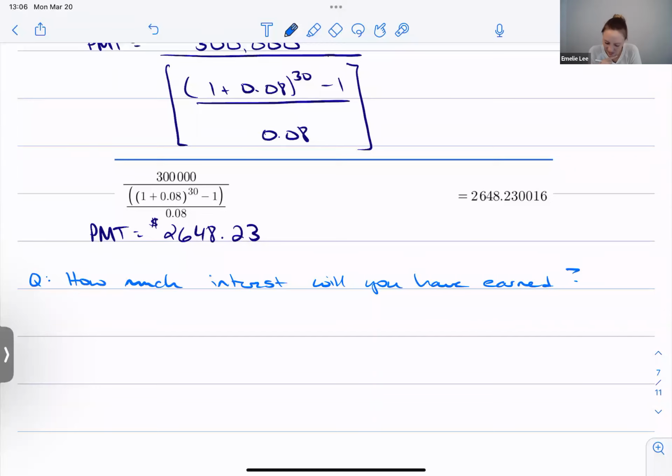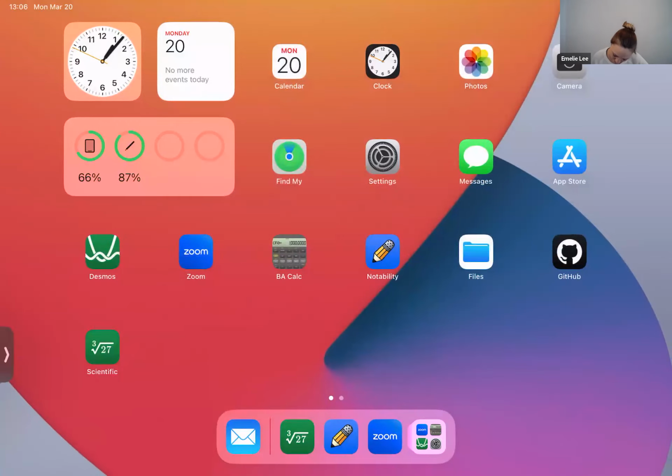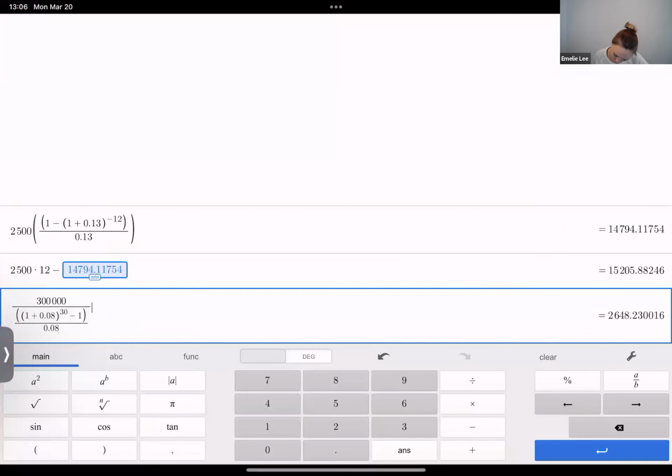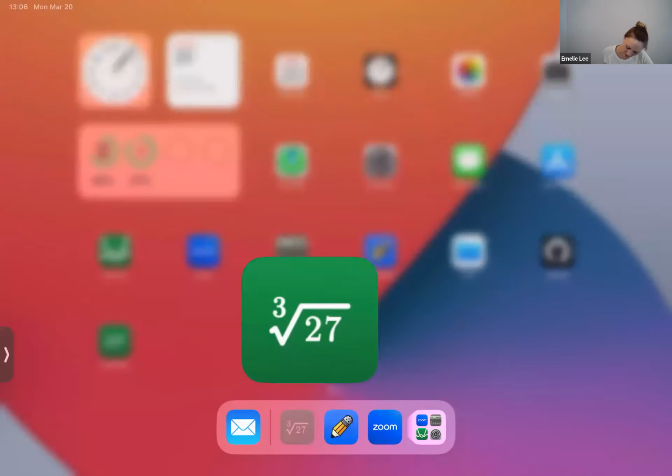Well, if I pay 2,648.23, the total paid is 2,648.23 times 30. So take the previous answer times 30: 79,446.90.